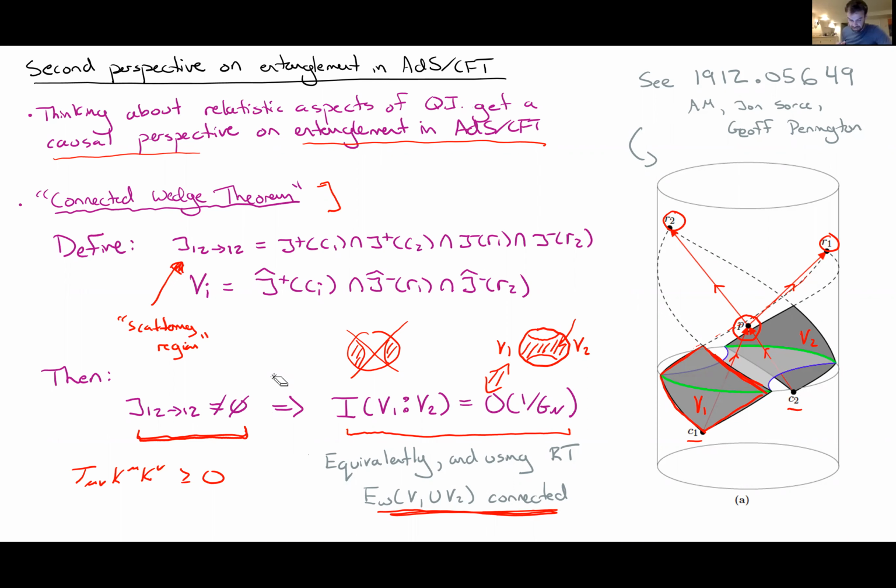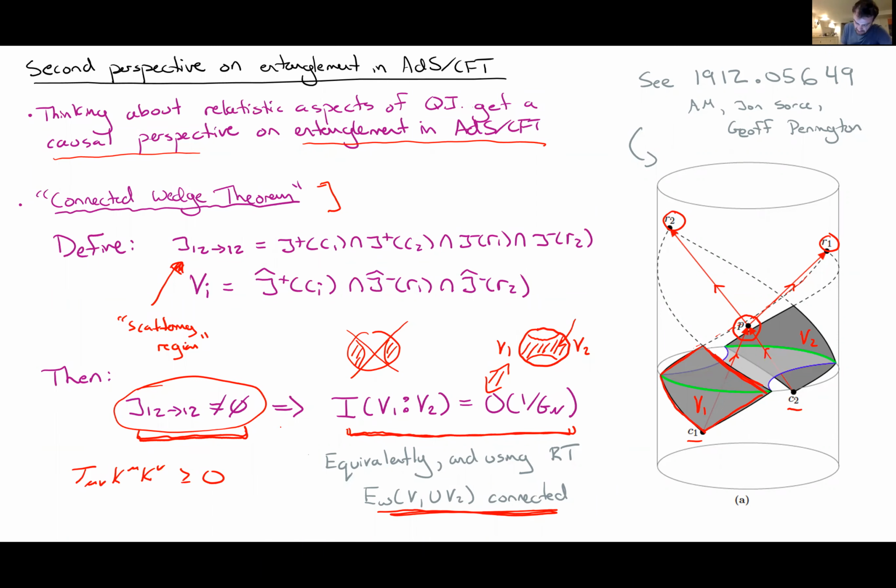Okay. So this is the connected wedge theorem. This is relating, on this side, features of bulk light cones. So we're looking at some overlap of 4 light cones. And then on the boundary side, it's relating that to correlation in the conformal field theory.